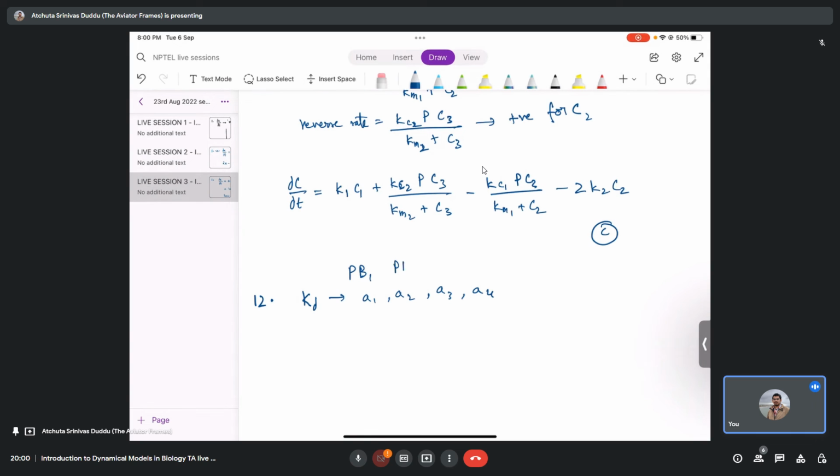And they have also given A1 greater than A2 greater than A3 greater than A4. We use Hill's function to capture the activation dynamics of these promoter systems by T. The Hill constants are given as K1, K2, K3, and K4.